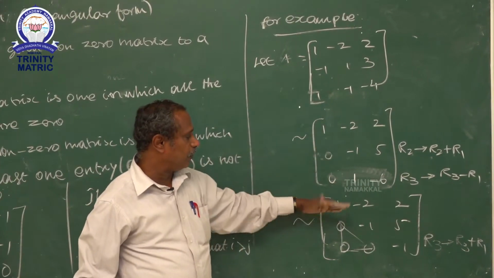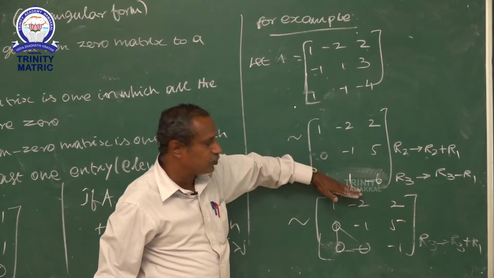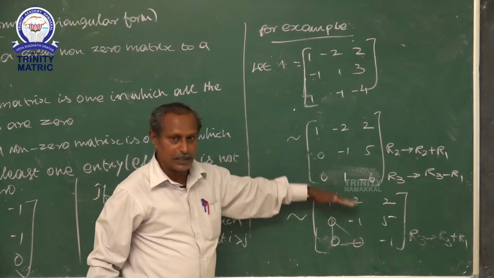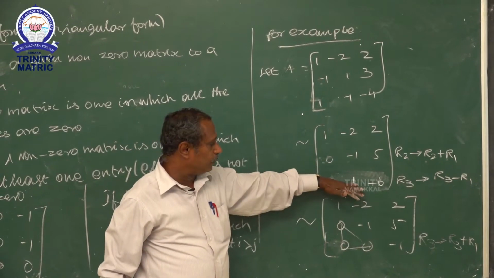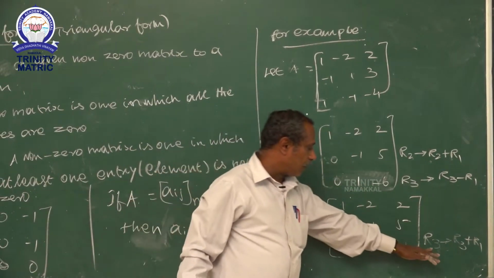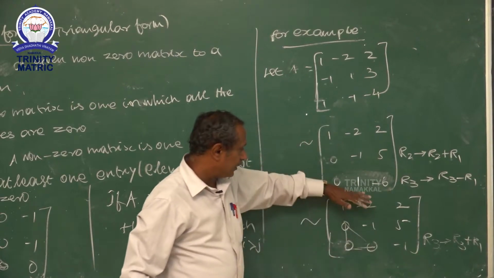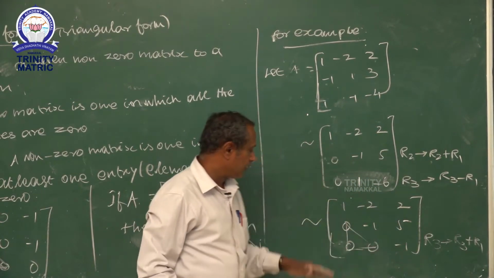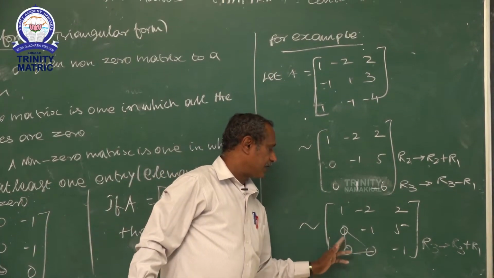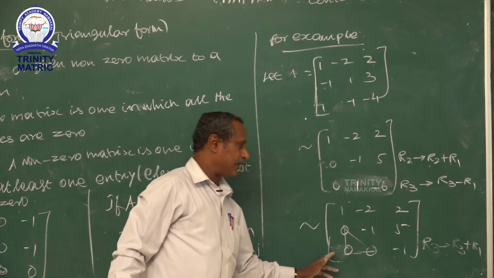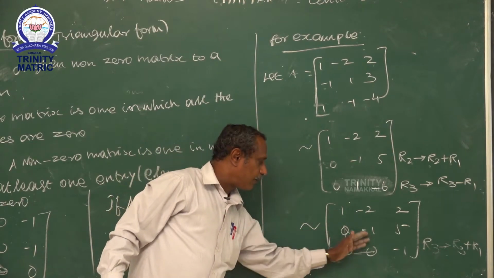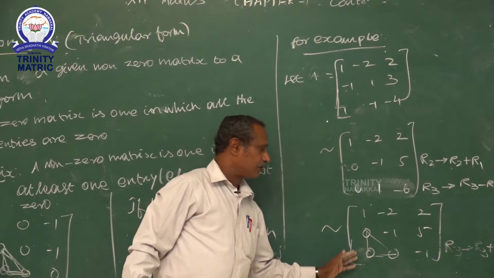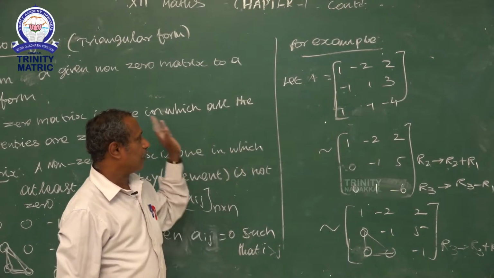Take the second and third rows and simplify. In the second row we have minus 1 and in the third row 1, so if we add both we get 0. So R3 gives R3 plus R2: 1 minus 1 becomes 0, and minus 6 plus 5 gives minus 1. After completing this, we have the equivalent matrix in echelon form, the row echelon form, that is the triangular form.